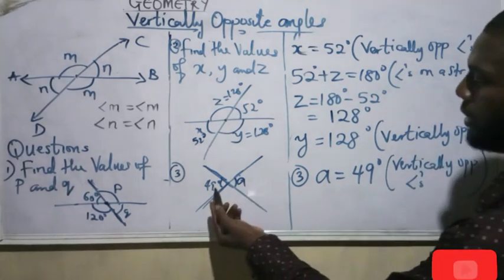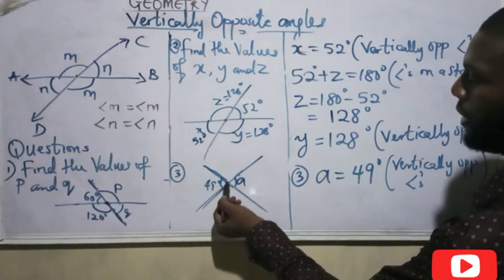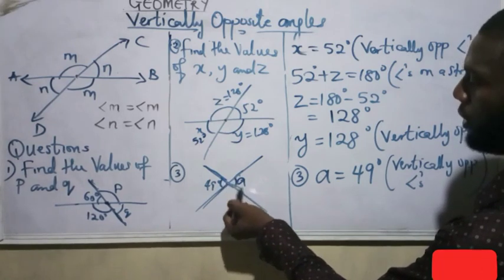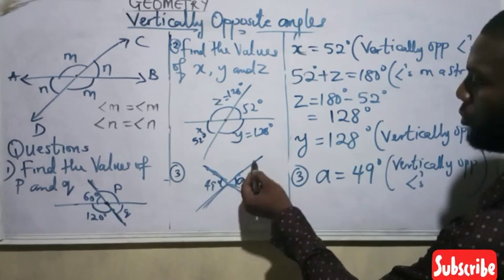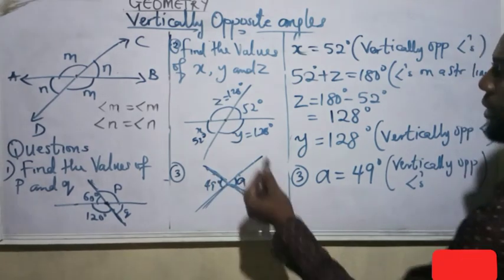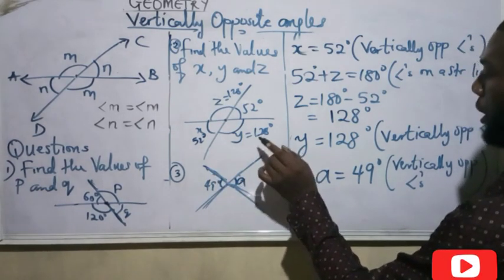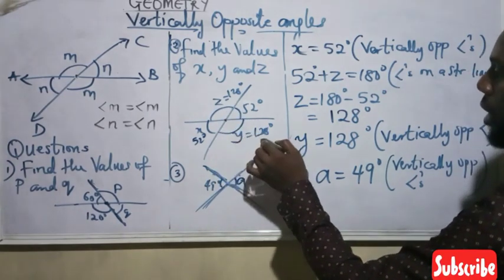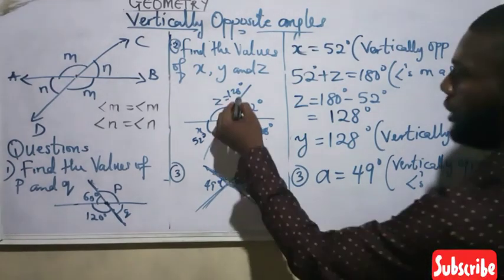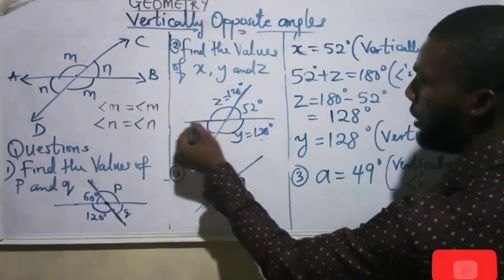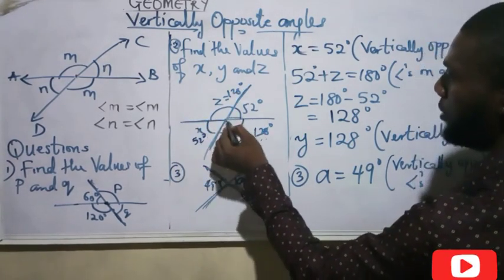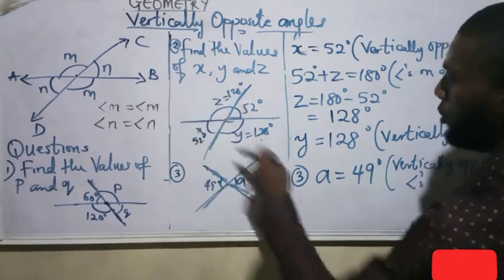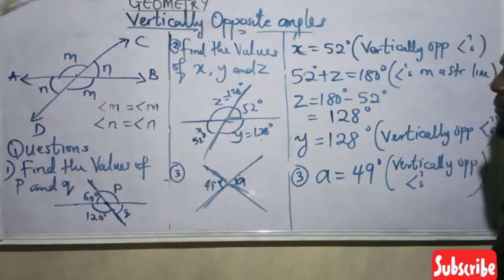Now let's not forget that they share the common vertex point, and this side is automatically equal to this side. Since we have found 128 as our z, then automatically our y will also be 128. Reason, because they share the same vertex point. So this side is going to be equal to this side.